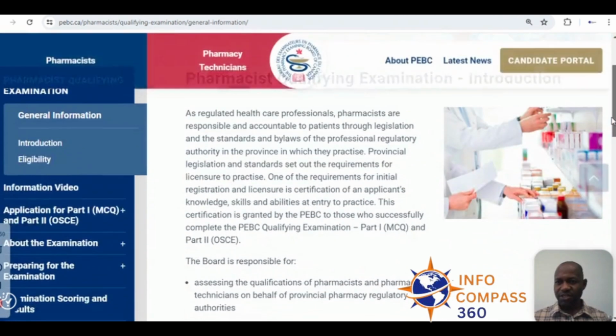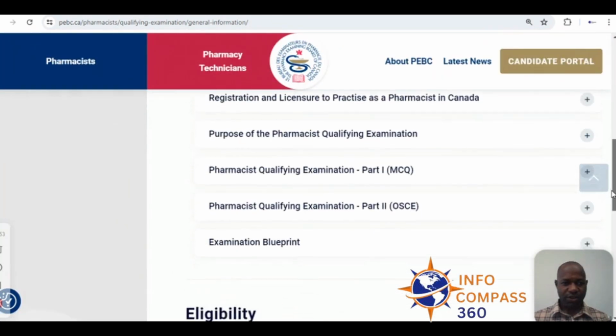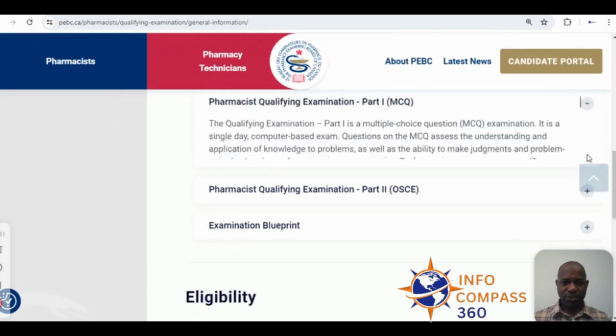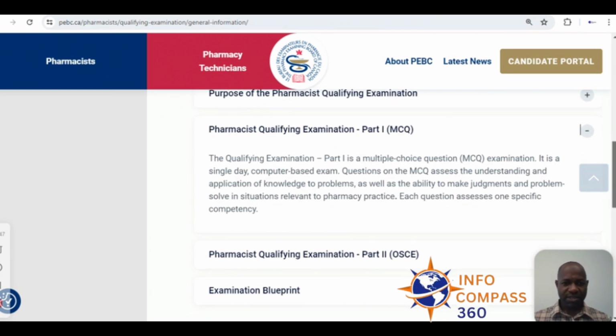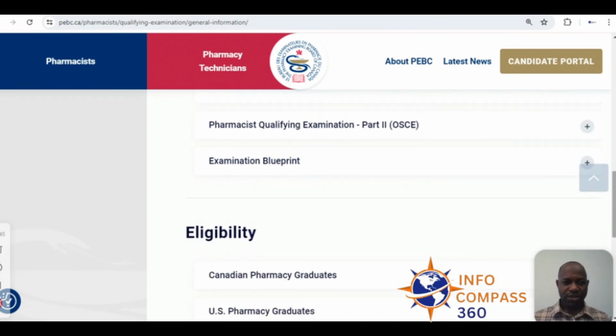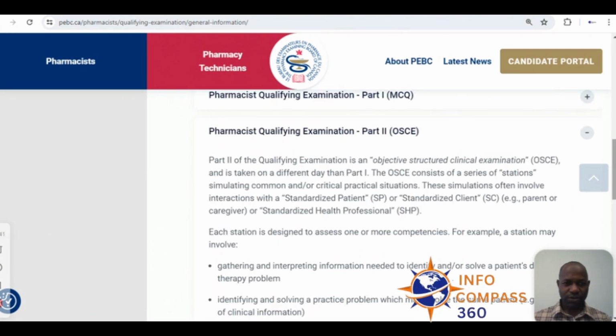Looking at the pharmacist's qualifying exam, basically you've got 2 parts to that, the multiple choice questions, like I said, on the part 1, and your part 2 you would be looking at this part of it, which is the objective structured clinical examination, OSCE, which is taken on a different day than the part 1.